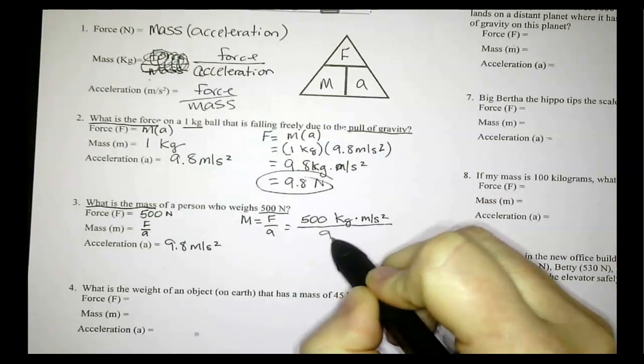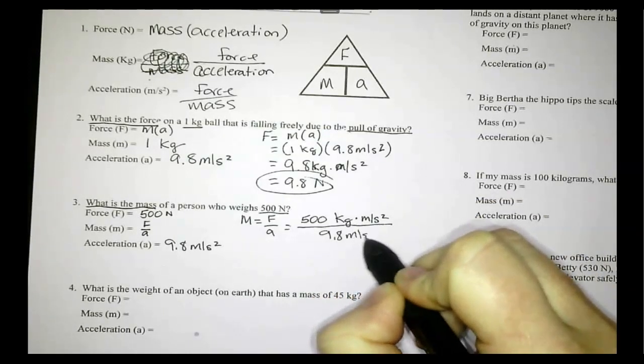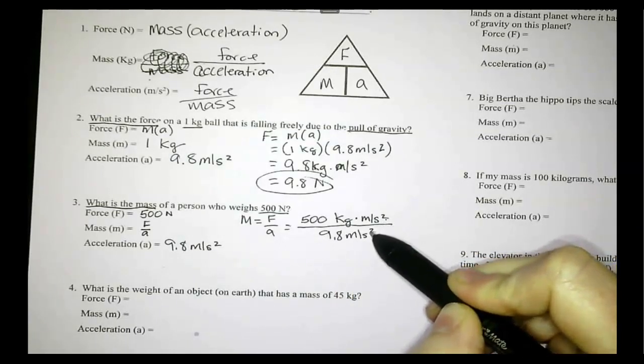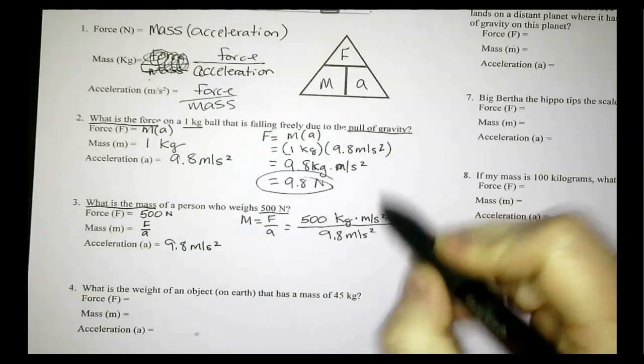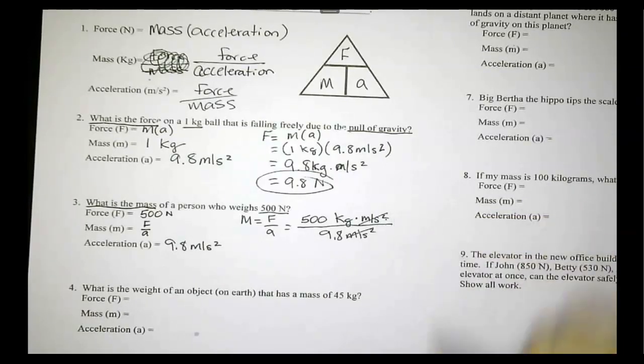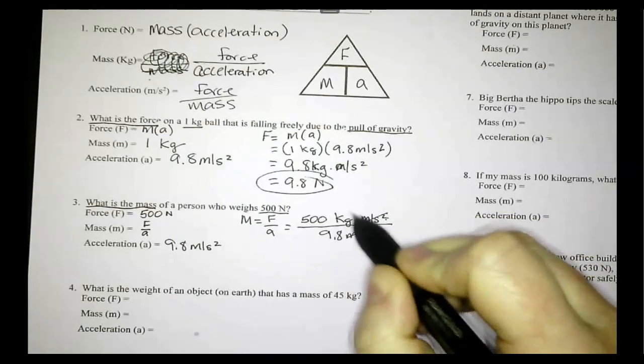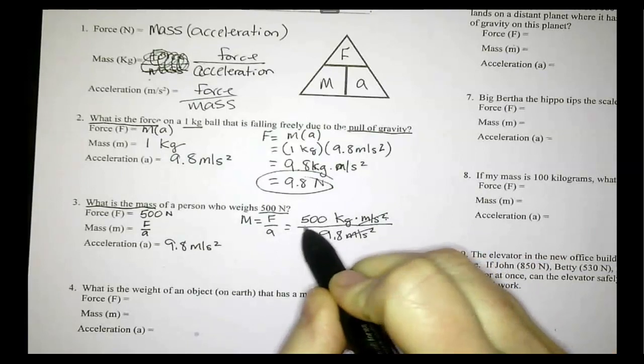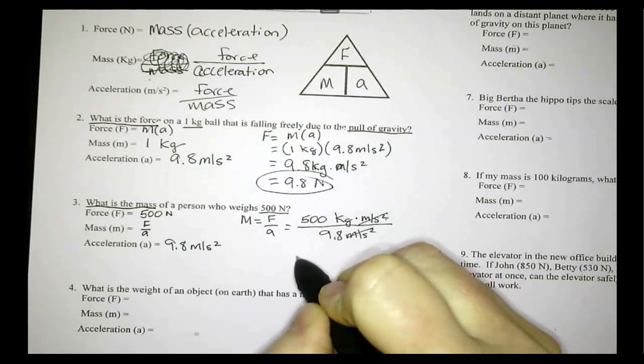Because when I divide this by 9.8 meters per second squared, do you see how I've got this and this? Anytime you divide something by itself, you get 1. And so that basically means that this meter per second squared cancels this meter per second squared, and all I'm left with unit-wise is kilograms.